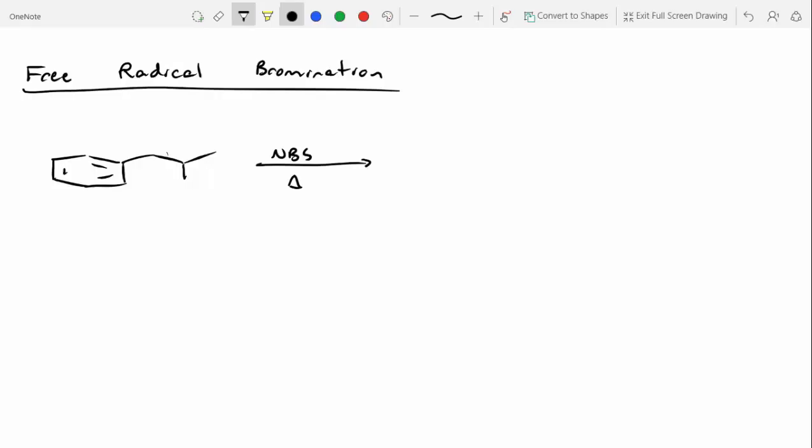Where do you think the bromine will get installed? Benzylic position. Why not the tertiary position? Yeah, the benzylic radical is actually more stable than a tertiary radical. So in this case, the benzylic position will be far more reactive than any of the other positions. So we'll brominate this carbon.